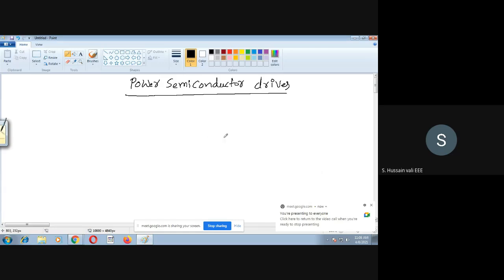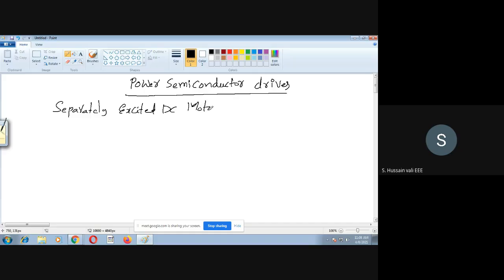First one is the separately excited DC motor.